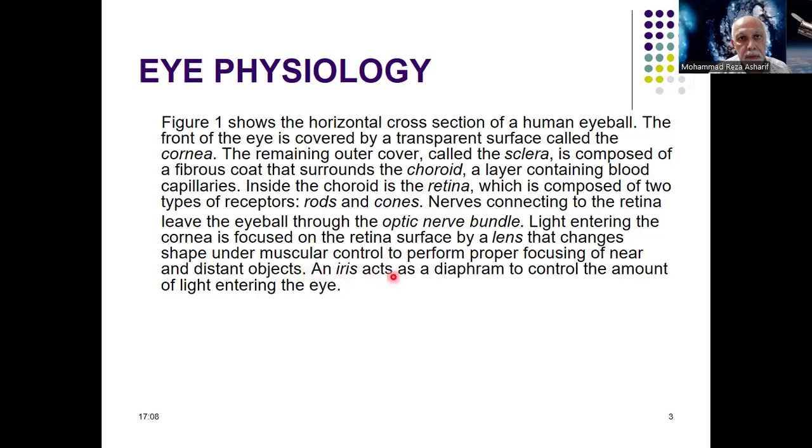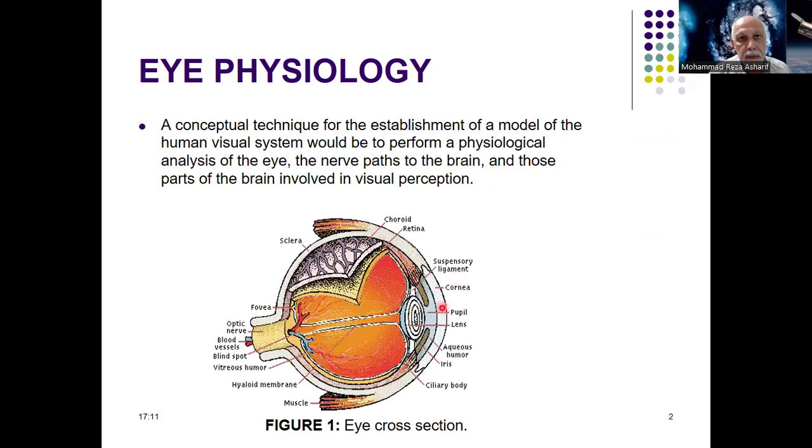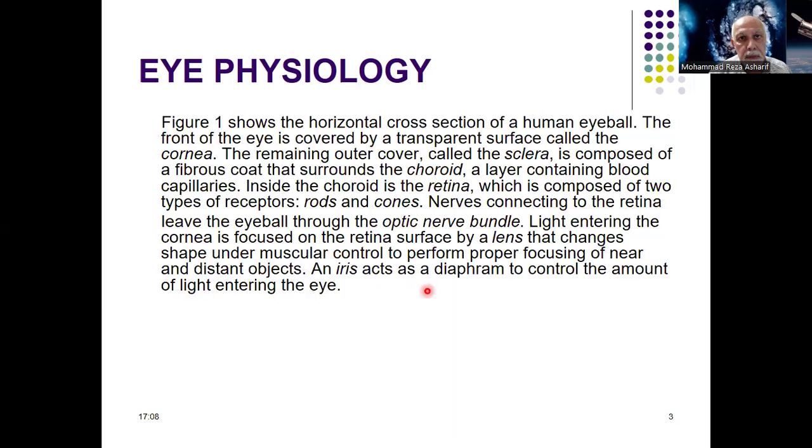And the iris acts as a diaphragm. This is iris. It's like a diaphragm. It's the colorful part of the eye. The iris acts as a diaphragm to control the amount of light entering the eye. So it is like blue color, black or brown color, something like that.